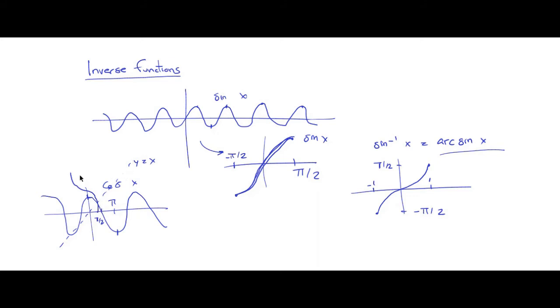It's defined from minus 1 to 1. This is pi when it's minus 1, and then 0. So this is the arc cosine of x, or the cosine inverse.